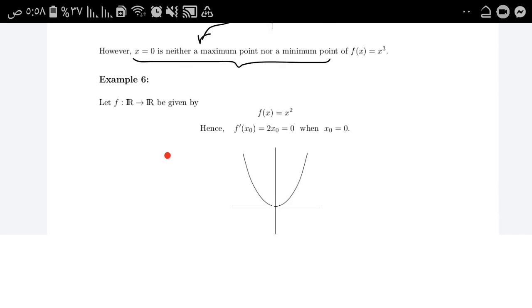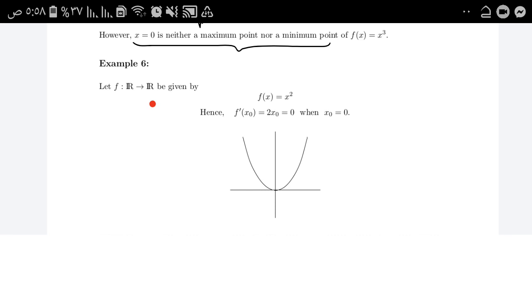Example 6. Let f be defined as f(x) equals x squared. Again you can see the diagram of this function. In this example f prime x0 equals 2x0, and this equals 0 when x0 equals 0.